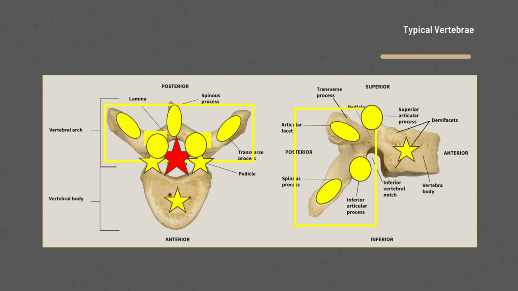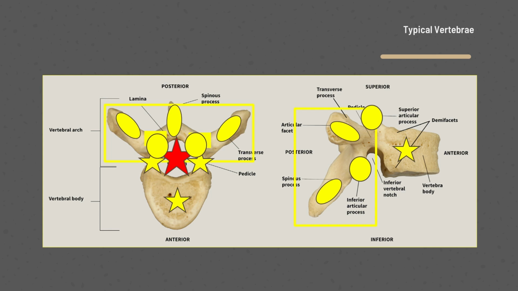If we look closely at the vertebral arch, we've got the transverse processes laterally, and the spinous process which projects backwards in the midline. And then between the transverse process and the spinous process lies the lamina. And on either side of the midline, at the junction between the lamina, transverse process and pedicle, are the superior and inferior articular processes.